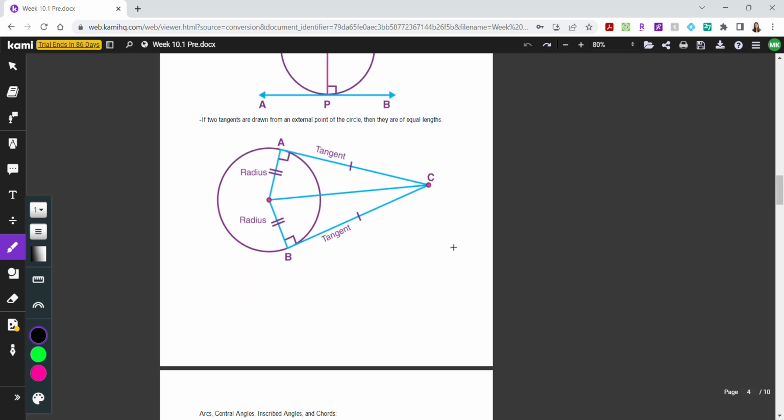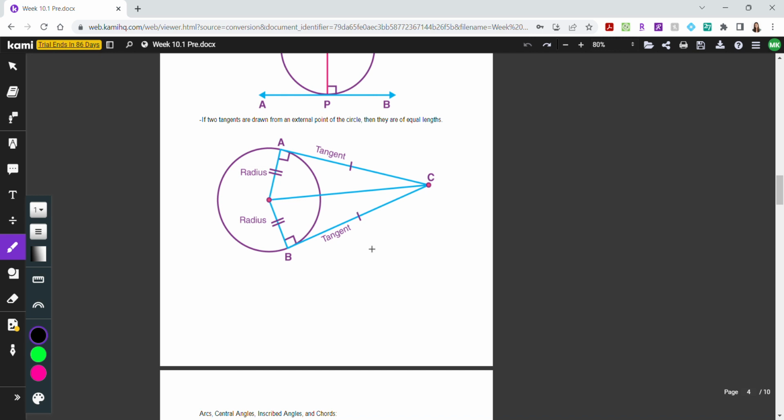Now, the next thing that we have is if two tangents are drawn from an external point of the circle, then they are of equal length. If you see here, we have point C. This is the external point of the circle. If we draw a tangent right here and right here, we know that the two tangents are going to be of equal length.